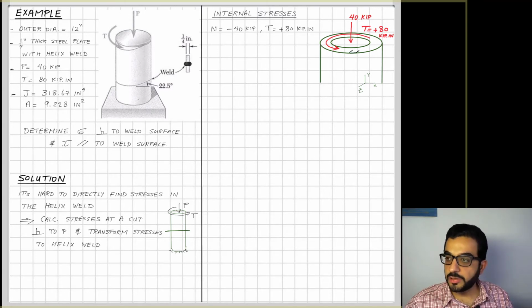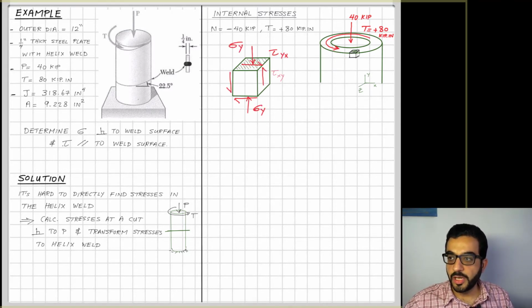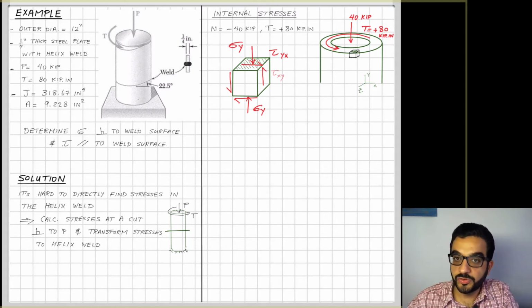If I look at the farthest point in the section and represent it by a block, this block will feel normal stress from the 40 kip axial internal force, and it will feel shear stress tau yx, following my axes shown here, from the twisting moment or the torque.